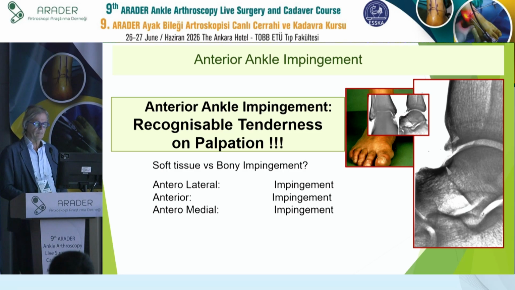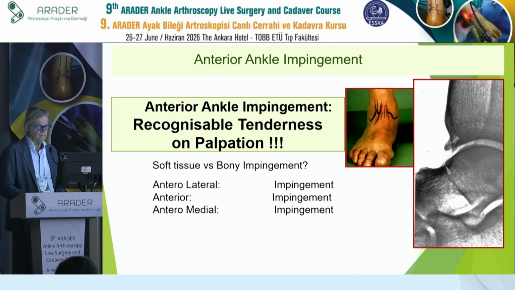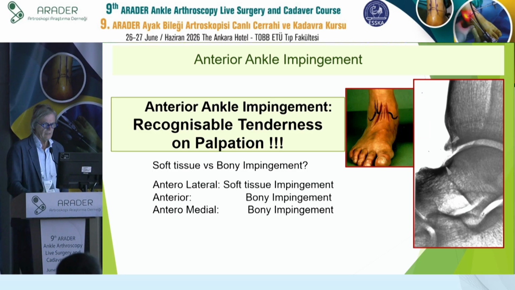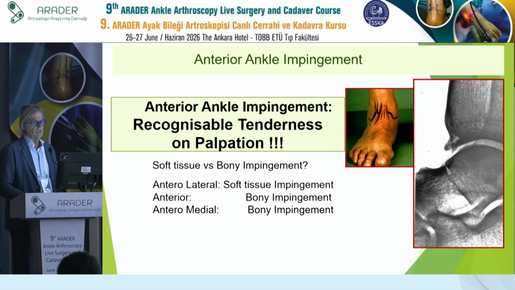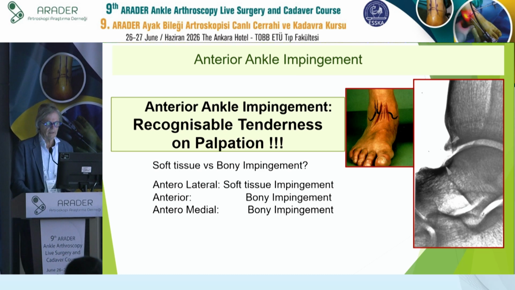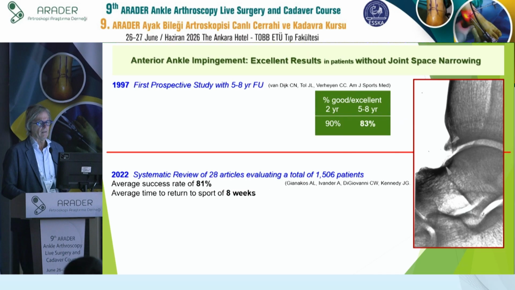Both? Can be both, but typically it's soft tissue. Anterior impingement, it's bony impingement. Anteromedial, also bony impingement. Typically, anterolateral is soft tissue impingement and anterior and anteromedial is bony impingement.